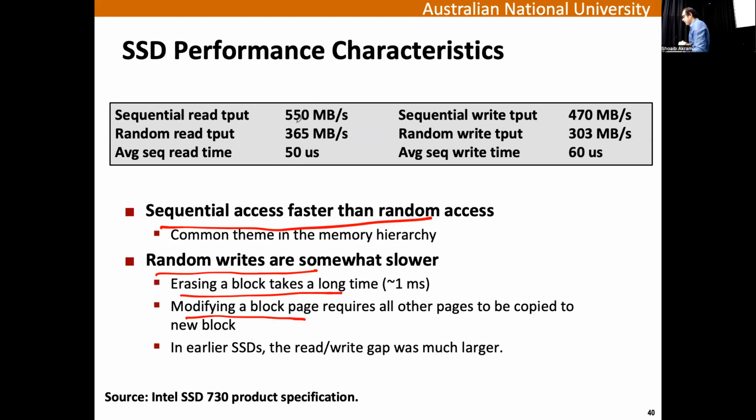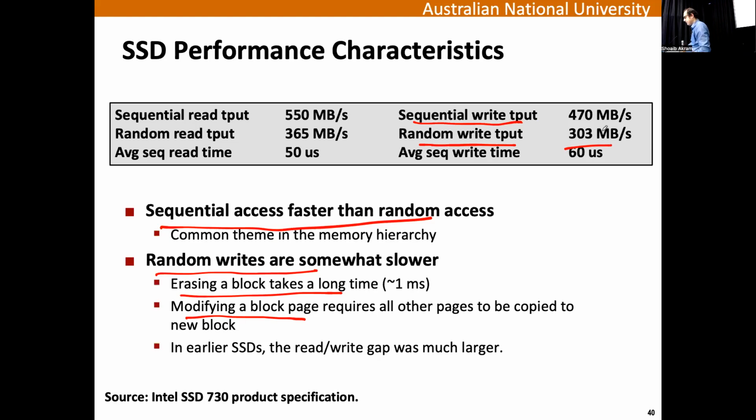And here are some bandwidth numbers. Sequential write throughput is much higher than random write throughput. Throughput is how much you can write per second. Latency is how long it takes to access a single sector or single block. There is this distinction between latency and bandwidth that is important.